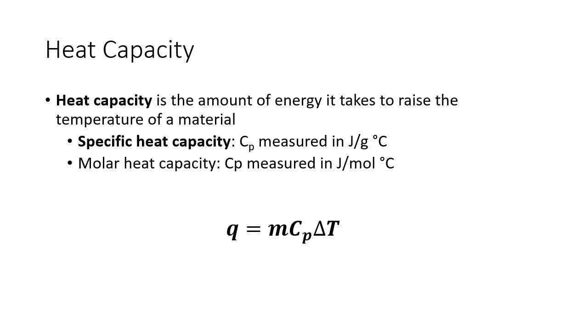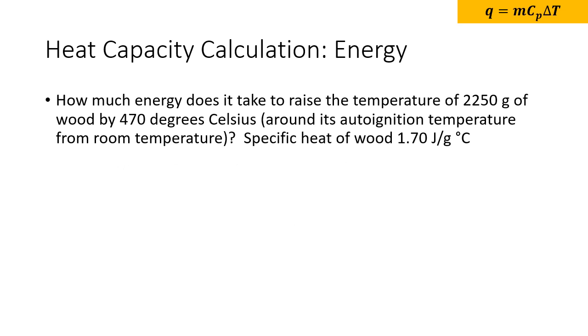So let's try using this in an equation. How much energy does it take to raise the temperature of 2,250 grams of wood by 470 degrees Celsius, which is around its auto-ignition temperature from room temperature, and specific heat of wood is 1.7 joules per gram degree Celsius.